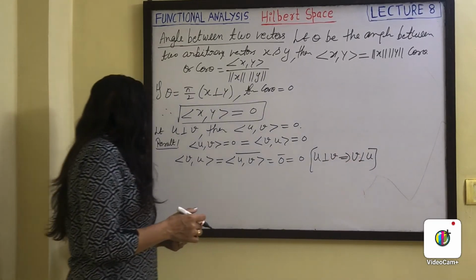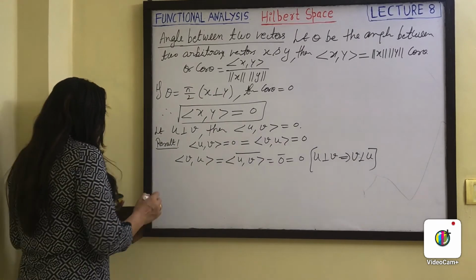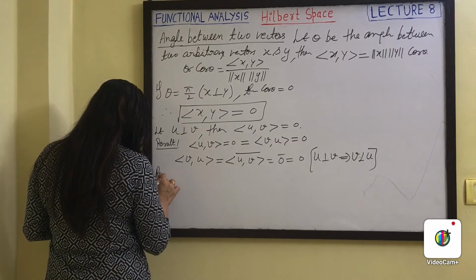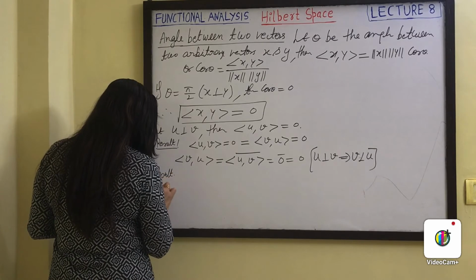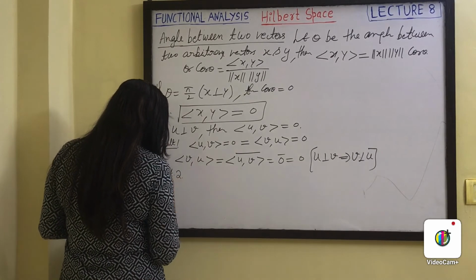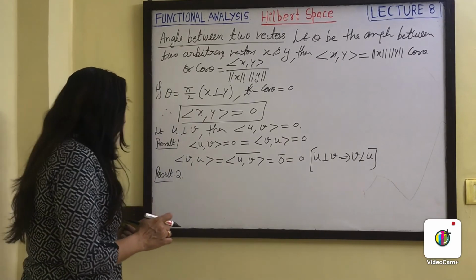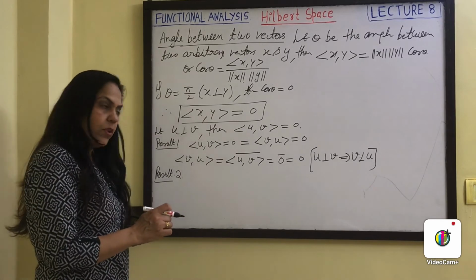Now the second result: the zero vector is orthogonal to every vector.